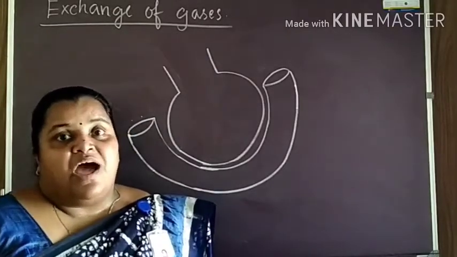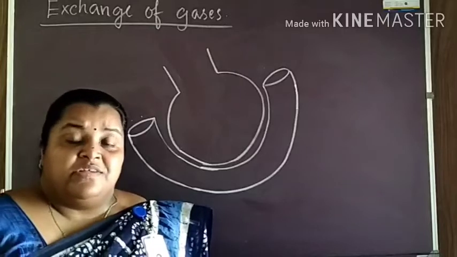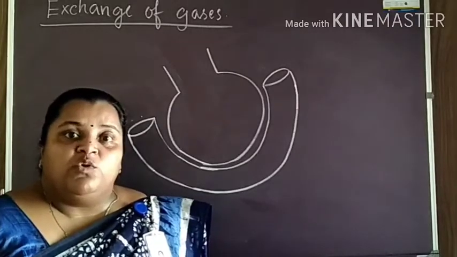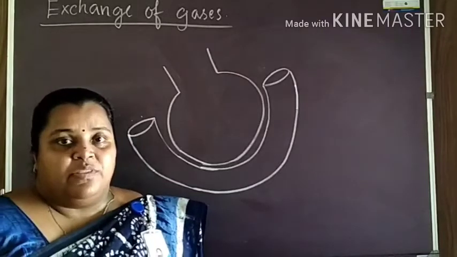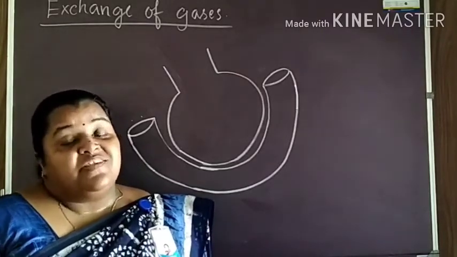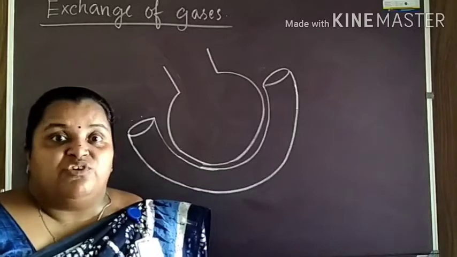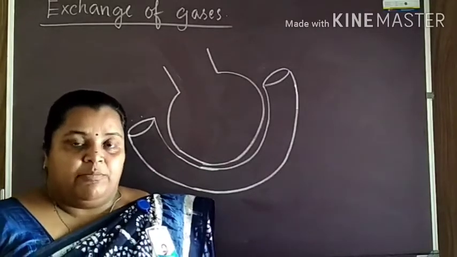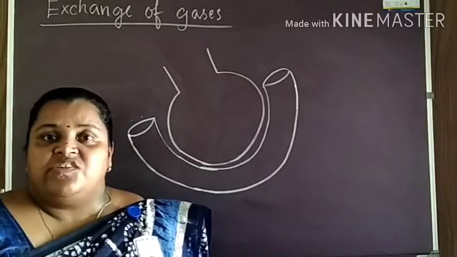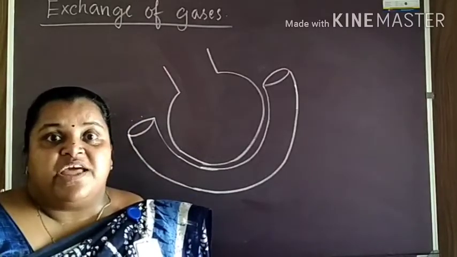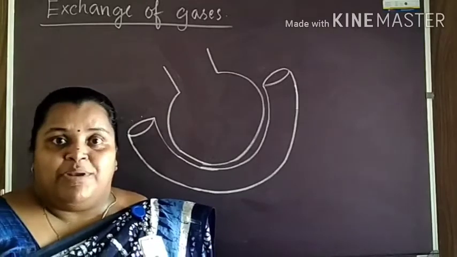The pulmonary artery, after entering the lungs, divides into minute capillaries and surrounds the alveoli. And these capillaries reunite to form the pulmonary vein. Now we will see how exchange of gases takes place in the alveoli and capillaries.